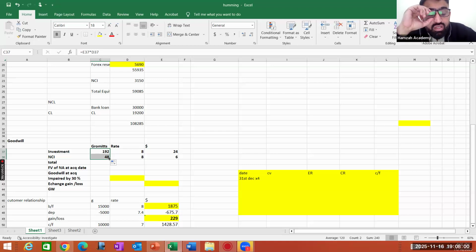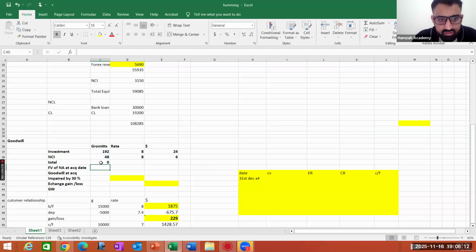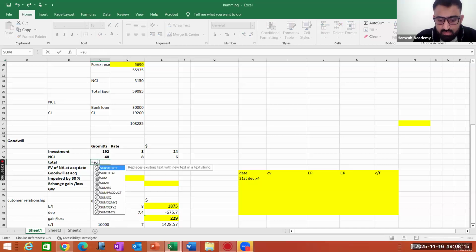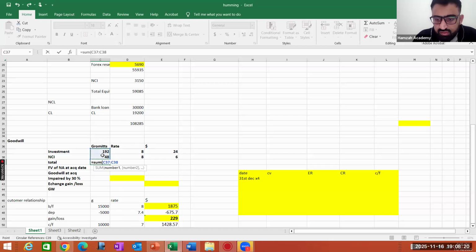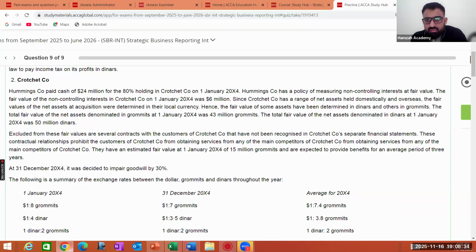Now you need to minus the fair value of the net asset at the date of acquisition, 240, and here it will be 30, translated using the rate at the date of acquisition. Now the fair value of the net asset at the date of acquisition: some assets are in ringgit, which are 43.